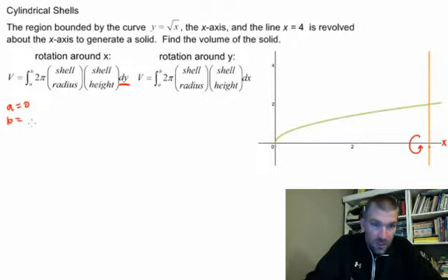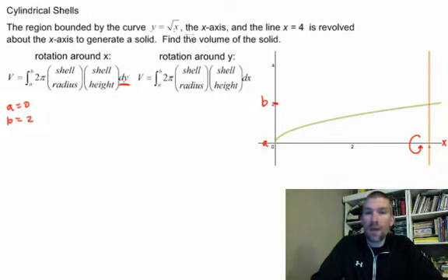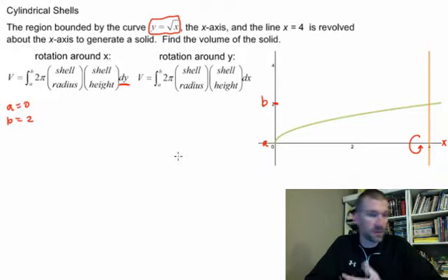Since everything's in terms of y, we have to look at what's going on in relation to the y-axis. So if we rotate around x, here's our A and here's our B. All right, so in this case, A is 0, B will be 2. And then we have to get our equations to say not y equals, but x equals, okay?